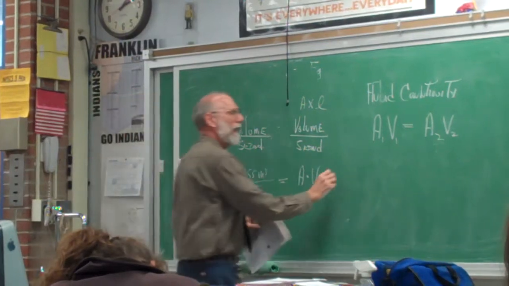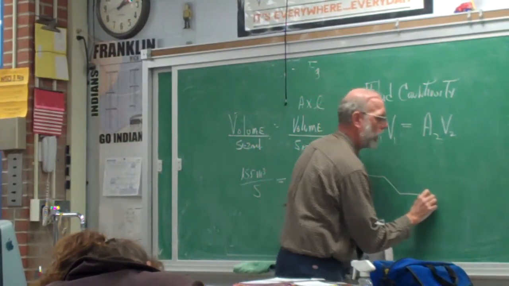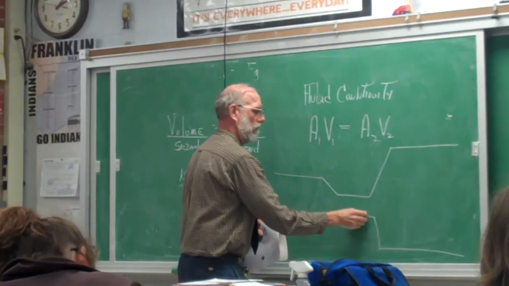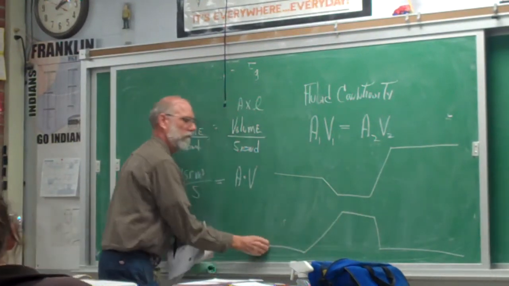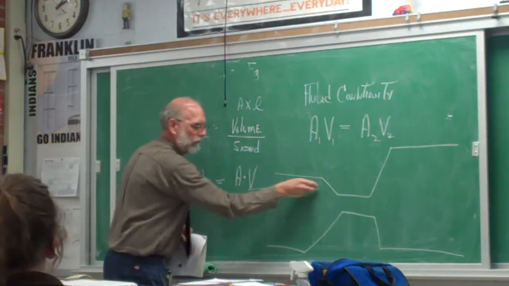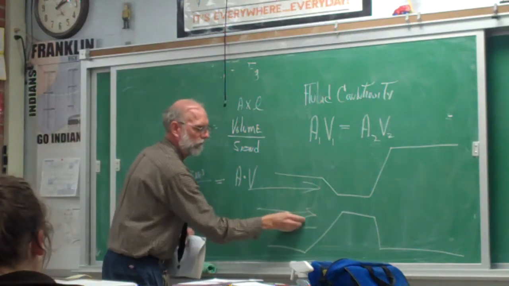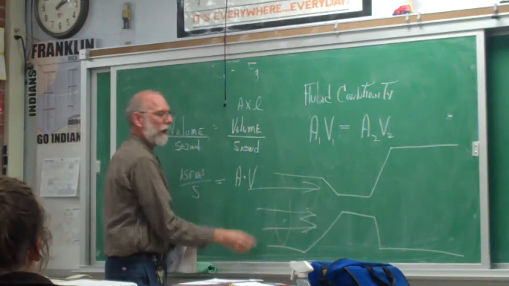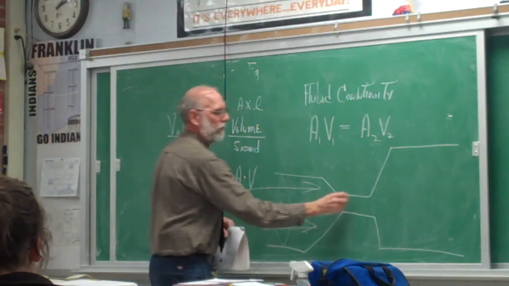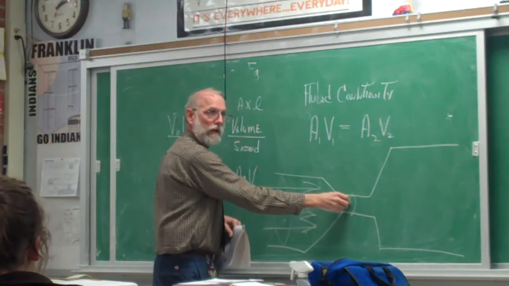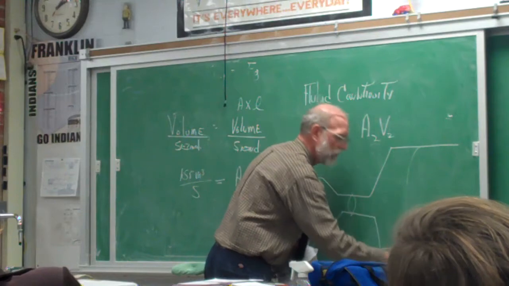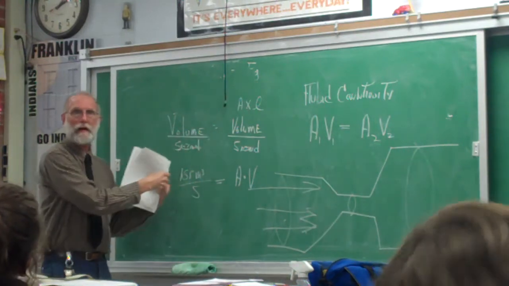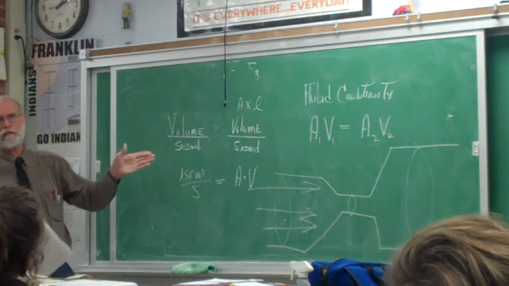So for instance, if you have pipelines with a constriction and fluid flowing, the cross-sectional area times the velocity at this point is equal to the cross-sectional area times the velocity at this point, which is equal to the cross-sectional area times the velocity at any point. Because the fluid can't back up, your volume has to stay the same.